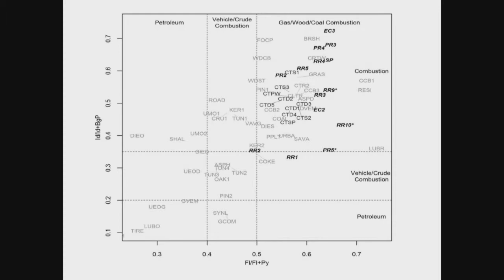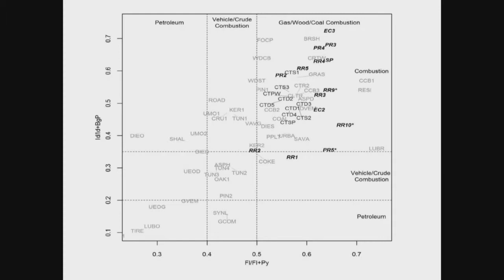You see vehicle combustion has its own area there, and then oil spills, petroleum products would be the lower end. But the thing that shows up in here, these CTs, those are coal tar. So all those CT samples that are not quite as dark a bold, those are coal tar samples from other sites, from other studies. So you see we're bunching in where those coal tar samples are.